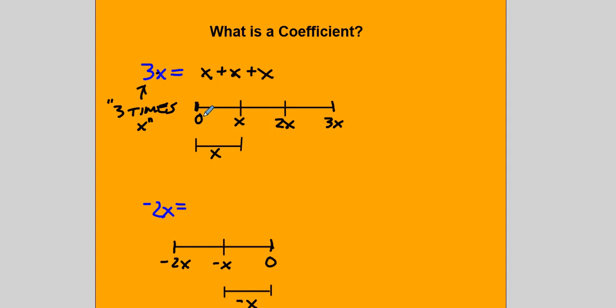Another way of interpreting this is a length of x that we're stretching 3 times, or magnifying 3 times. This is a stretch times 3. So this is x, doubling it would be here, so tripling it would be right here. So 3x is this length right here. It is 3 times longer than x.